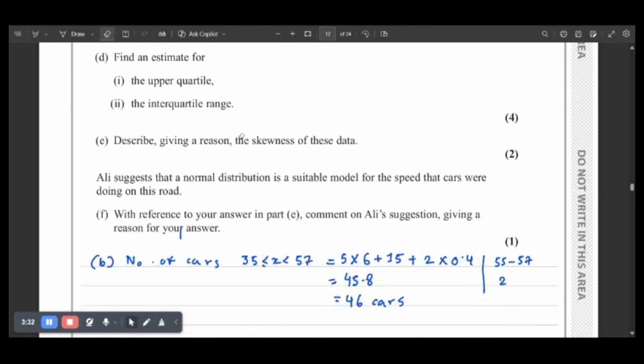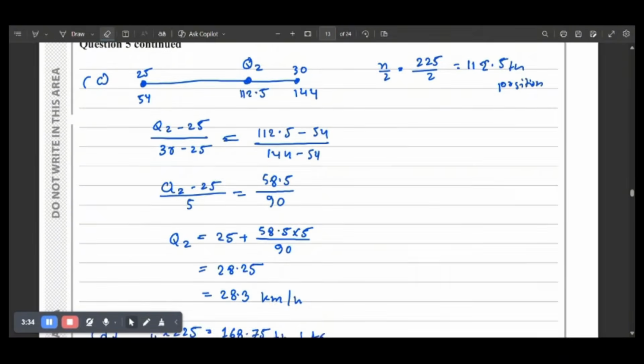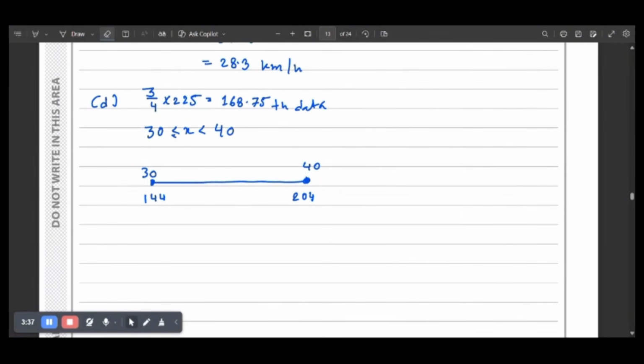So let us do the linear interpolation. We can mark that 168.75 lies somewhere here, and the value for that is unknown. Let me mark it with quarter 3.